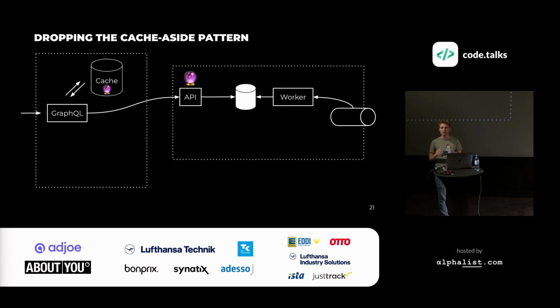So how did we use all this to drop the cache aside pattern? We start with this scenario where we have GraphQL communicating to an API.